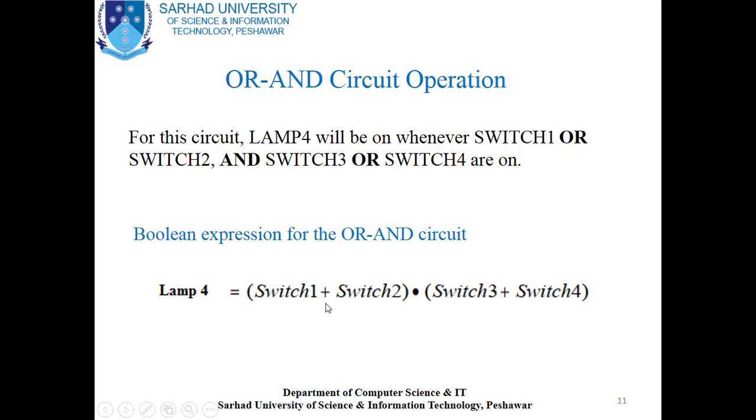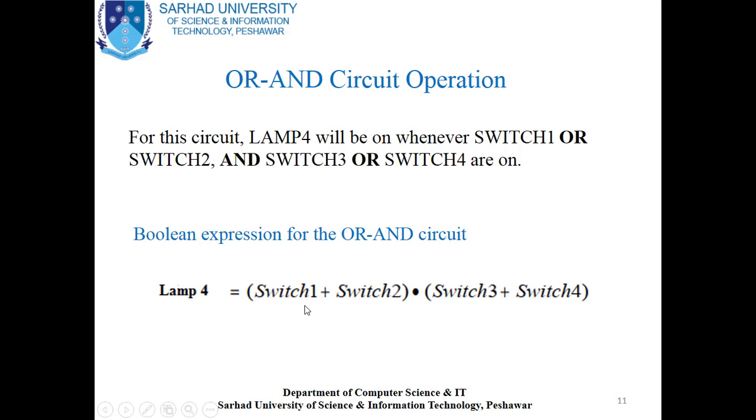The plus sign shows the OR operation. Here you can see the OR operation between switch 1 and switch 2, and also the OR operation between switch 3 and switch 4.